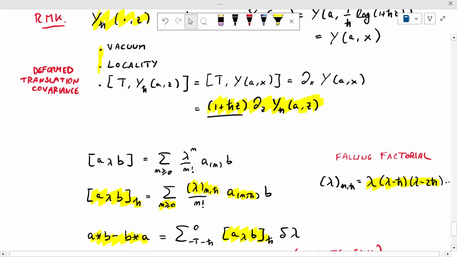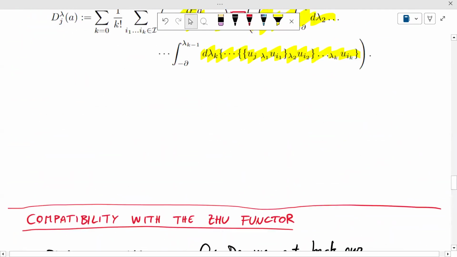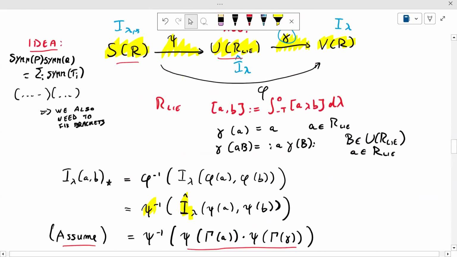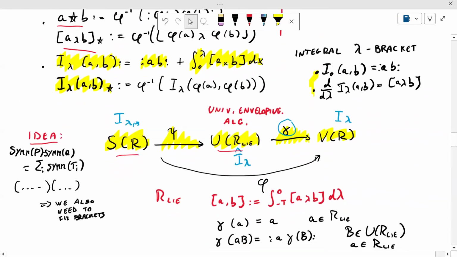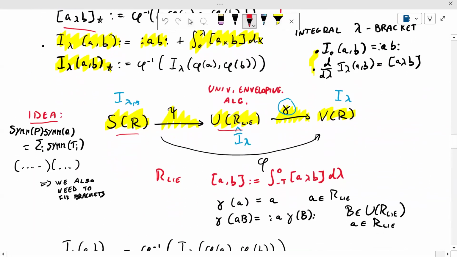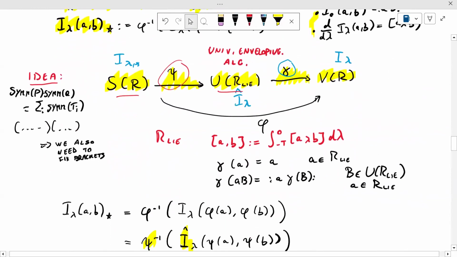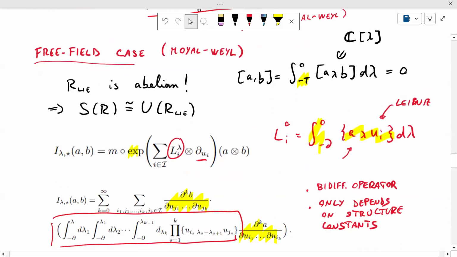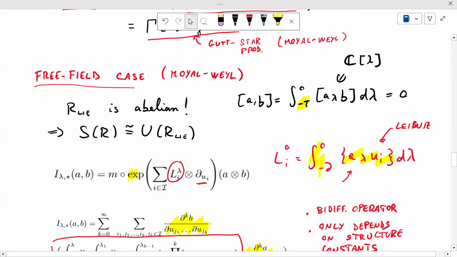Why? Because again, remember the idea of splitting the thing into two, and from this part here, I would get these ordinary star products. In the free field case before for vertex algebras, we don't get them because we have this R, Lie, is abelian.